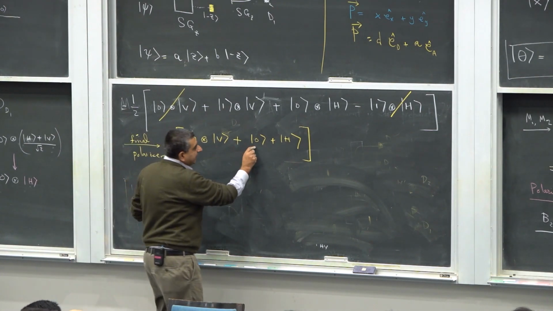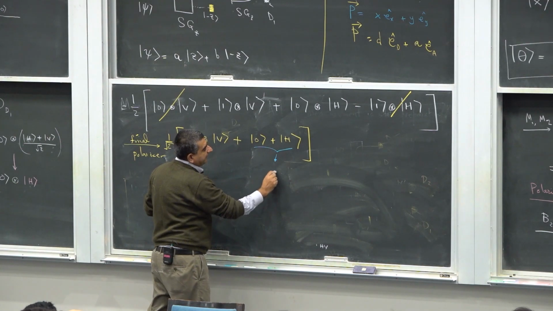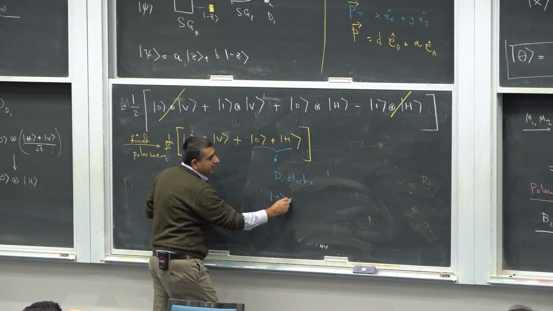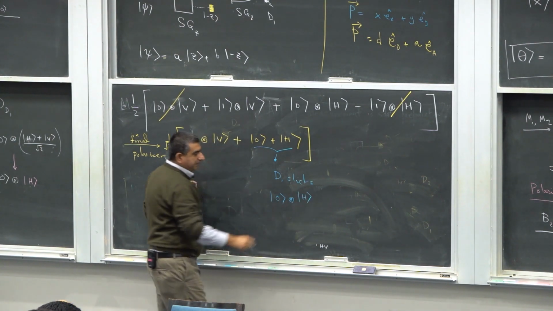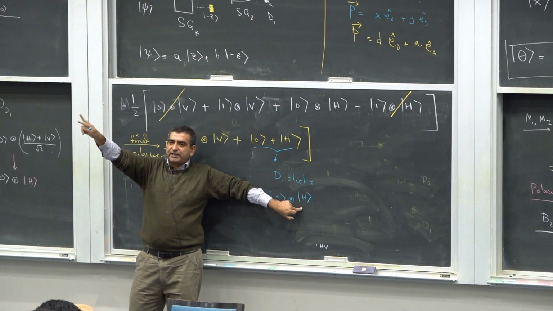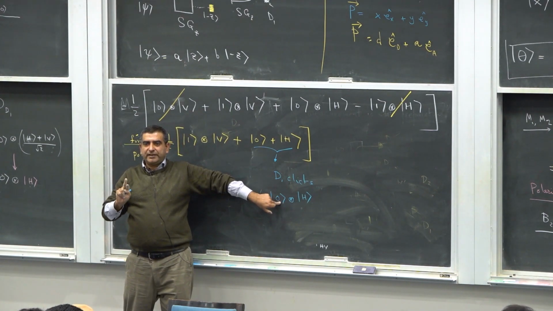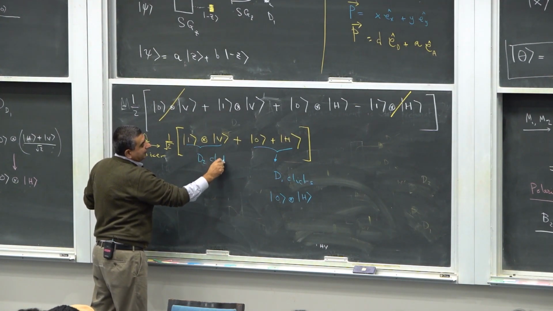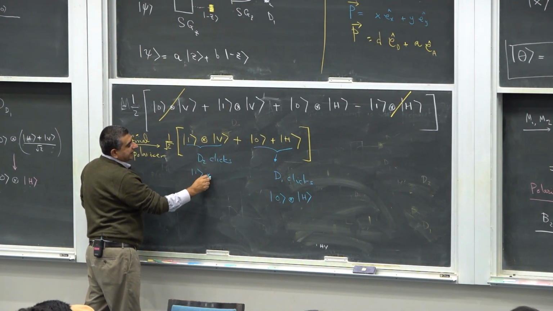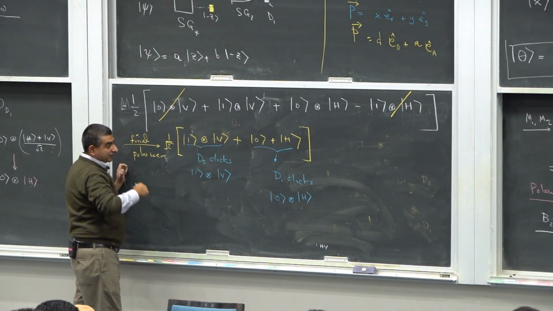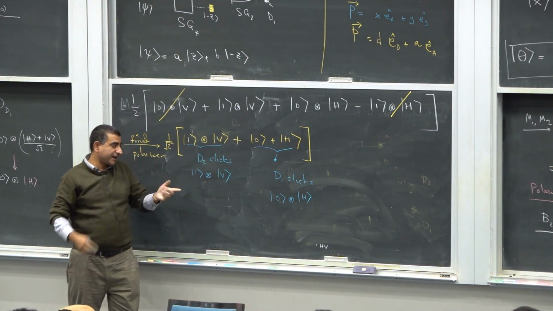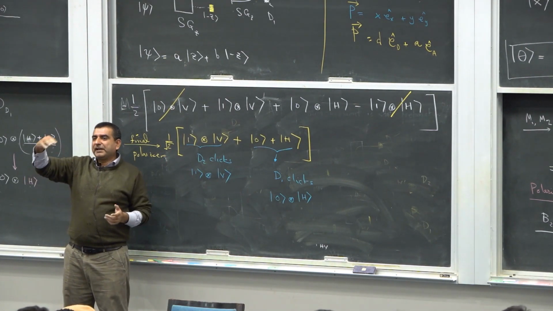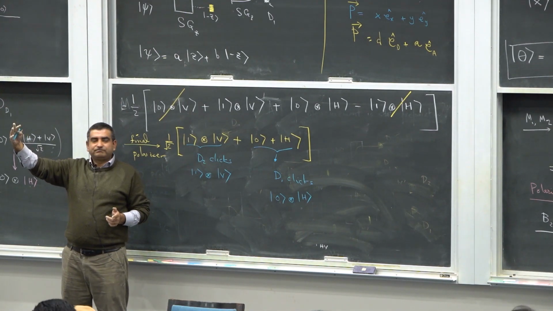So if D1 clicks, then I have really created the state ket 0 crossed H, which means I have detected a horizontally polarized photon along the channel ket 0. If detector D2 clicks, I have created the state ket 1, ket V, the other term now being eliminated because of the detection process. If detector D2 clicks, it must have corresponded to a vertically polarized photon.